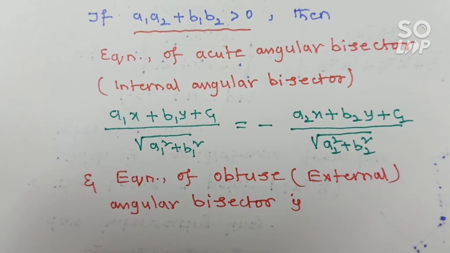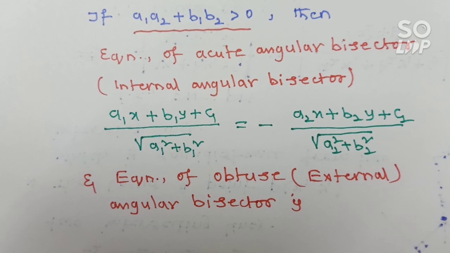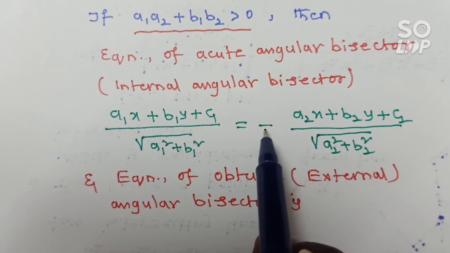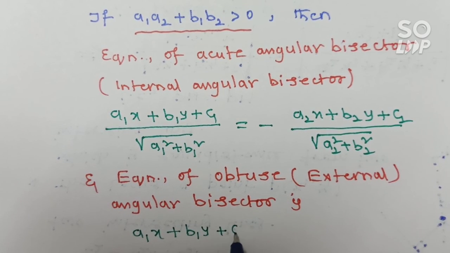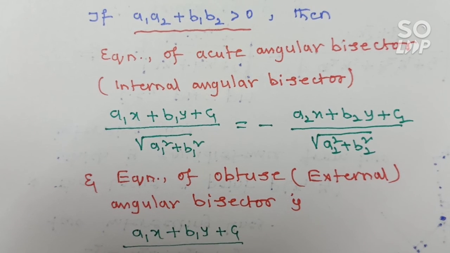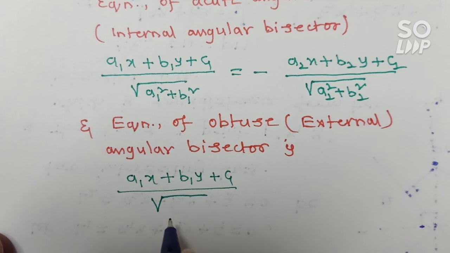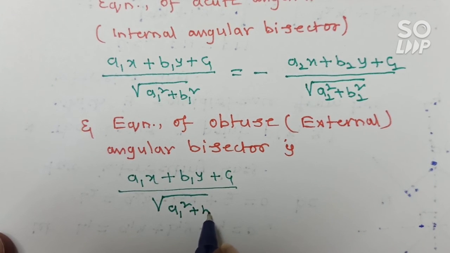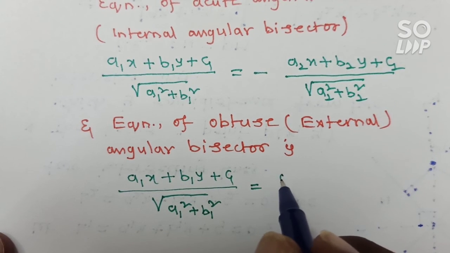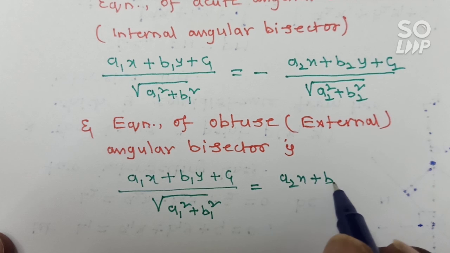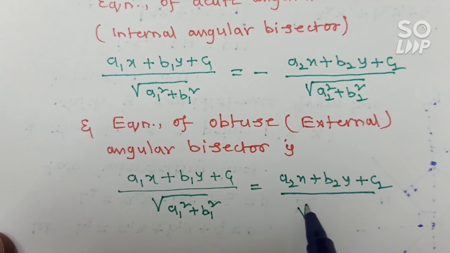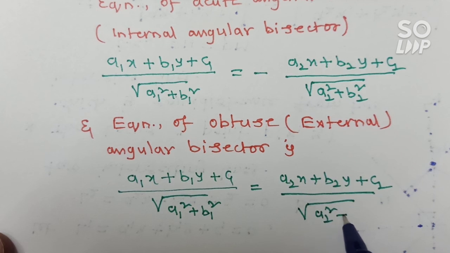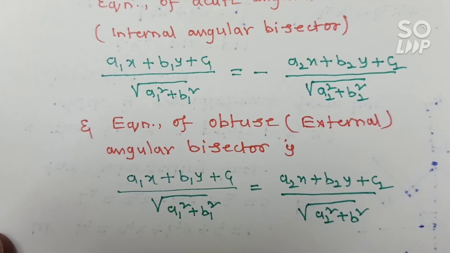What will that equation be? In the above formula we had the negative sign, and here this one is the positive sign: a1 into x plus b1 into y plus c1 whole divided by root of a1 square plus b1 square is equal to a2 into x plus b2 into y plus c2 whole divided by root of a2 square plus b2 square.